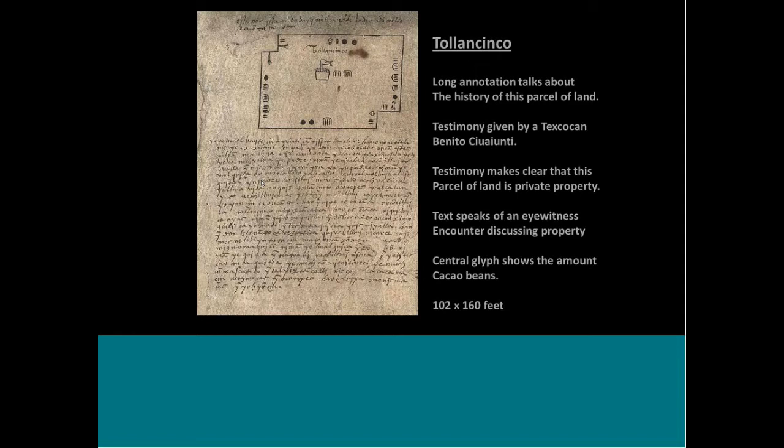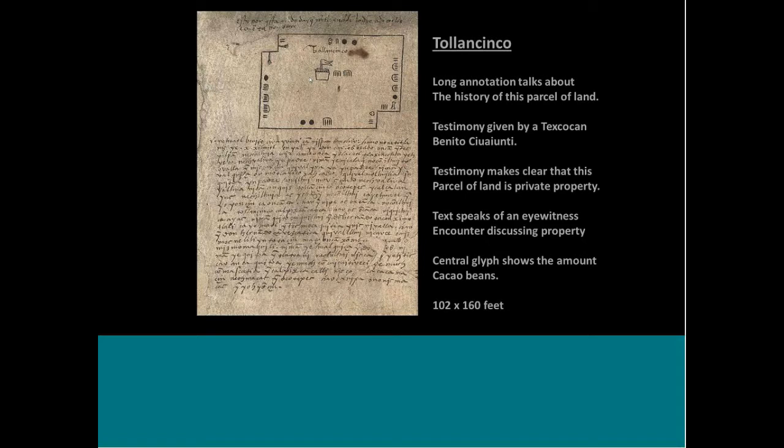We can see on the figure itself, and this is going to be a central feature of the map, there are lots of little glyphs. In the center here we see these cacao beans, basically the amount of cacao. And what we're seeing here is Don Carlos actually owns this piece of property, that this parcel, according to the testimony, is in fact a piece of private property. And it's really talking about the amount of tribute needed in order to rent and lease some of the properties.